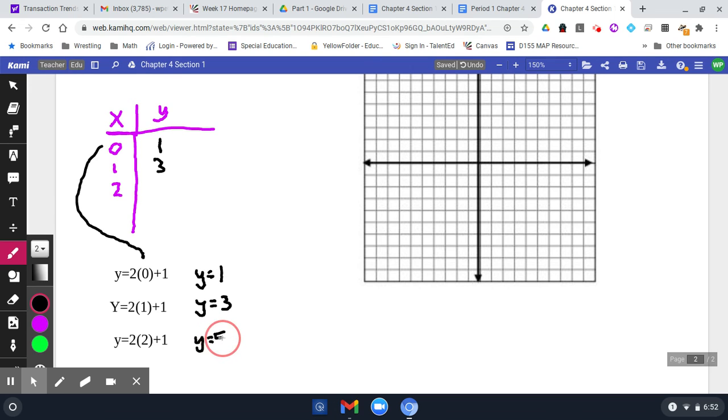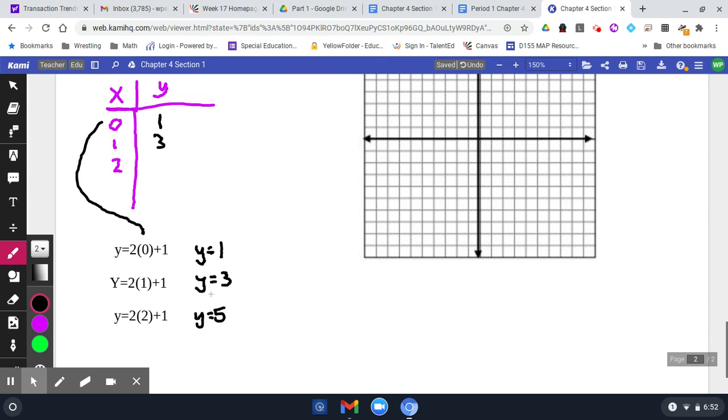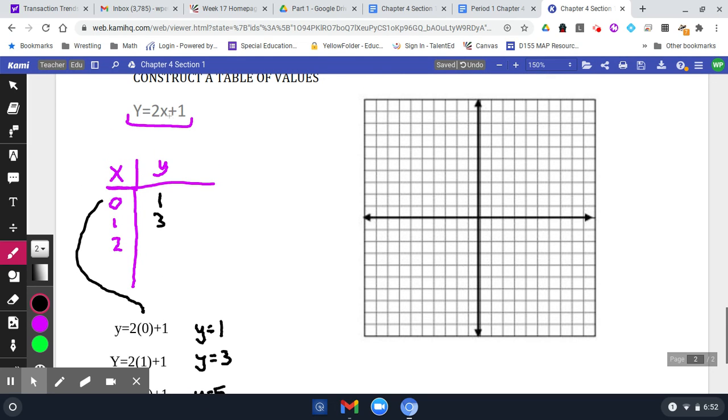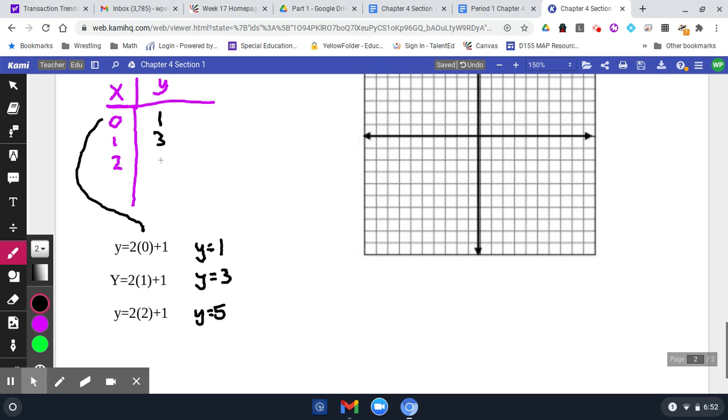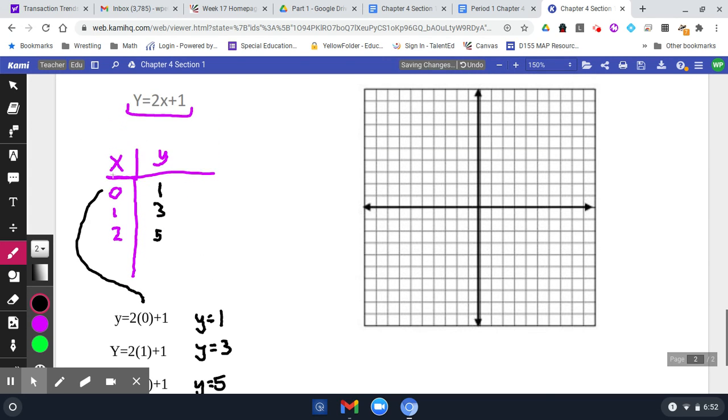Now, we could plug in more than 3 dots. We usually like to have 3 to 5 dots minimum on a table, okay? But just to show you guys, I could also plug in -1, right? It would be up here though. So I can squeeze that in, -1, because it comes before 0.